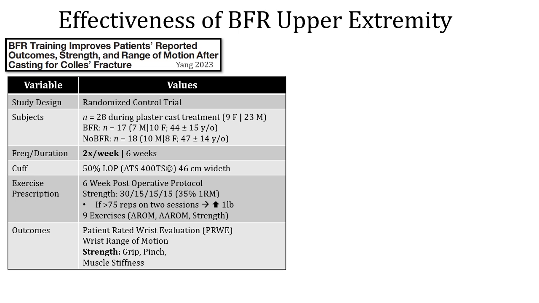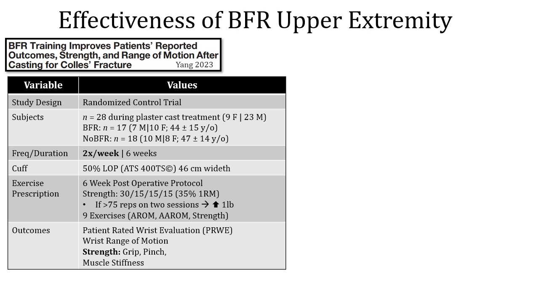What is nice is that they did a lot of exercises. They did 9 exercises: active range of motion, active assisted range of motion, and strength exercises. They used a systematic progressive resistance with a 1 pound increase with each of the exercises when the individual could exceed 75 repetitions on 2 consecutive sessions.